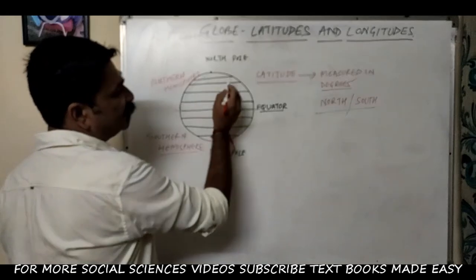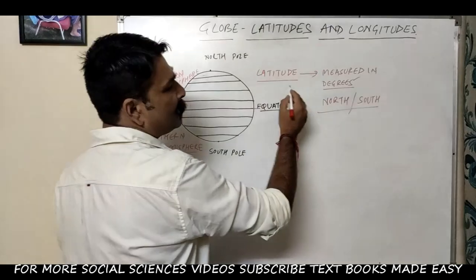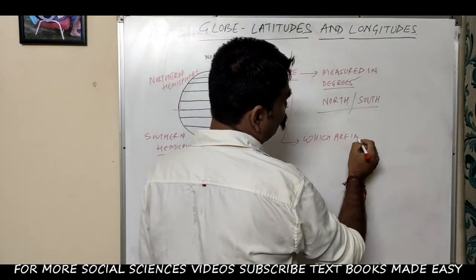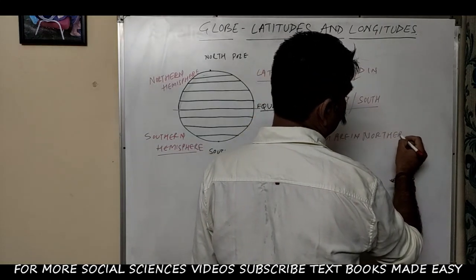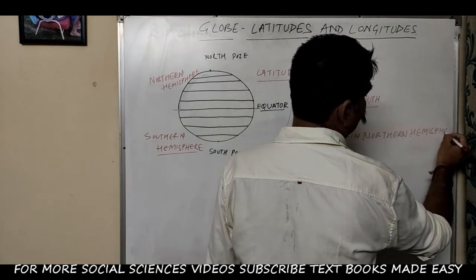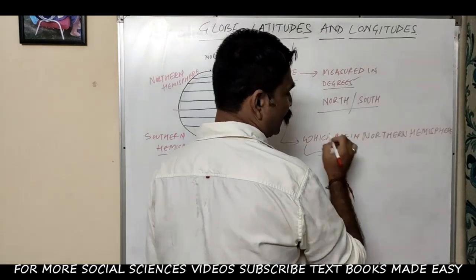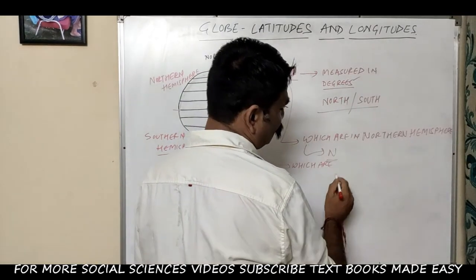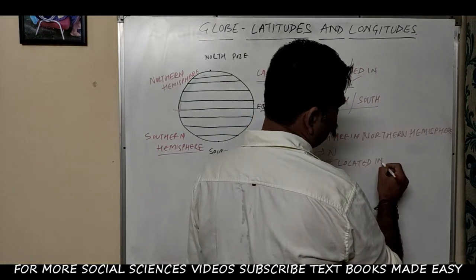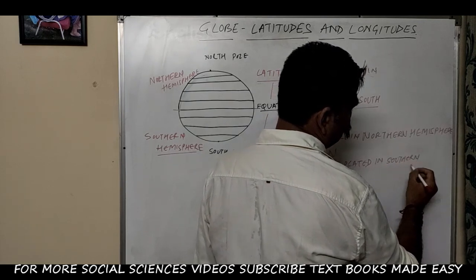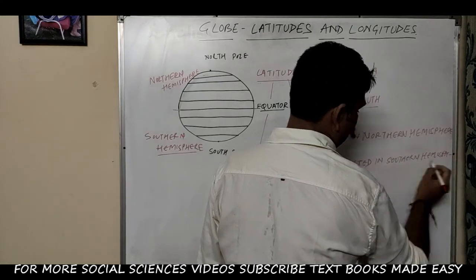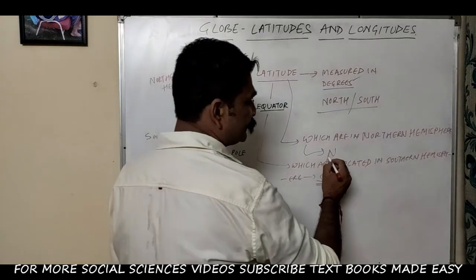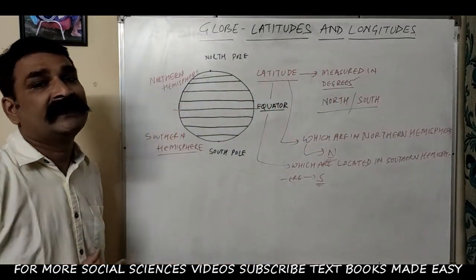All these latitudes which are in the northern hemisphere will have N with them, and all the latitudes which are located in the southern hemisphere will have S with them, that is N and S will denote north and south.